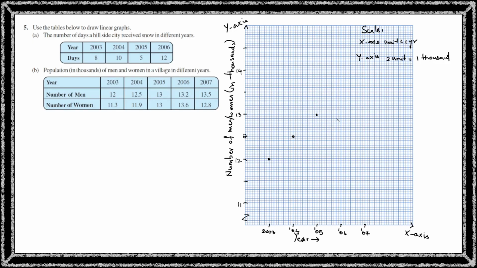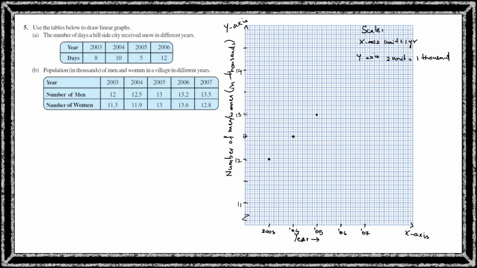2006 is 13.2. Now what is that? Like I said, you have 20 lines for each unit. So from 13, this is going to be 13.1, 13.2, 13.3, and so on up to 14. From 13 to 14, you have 20 such lines.